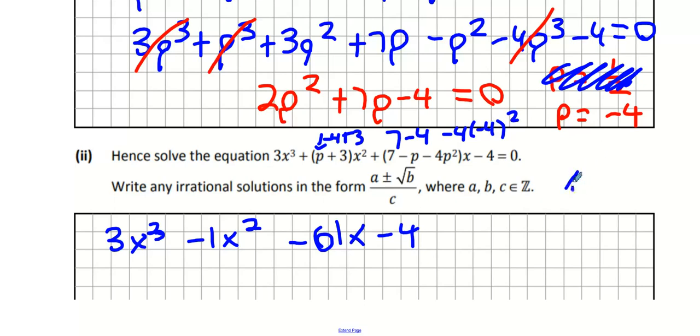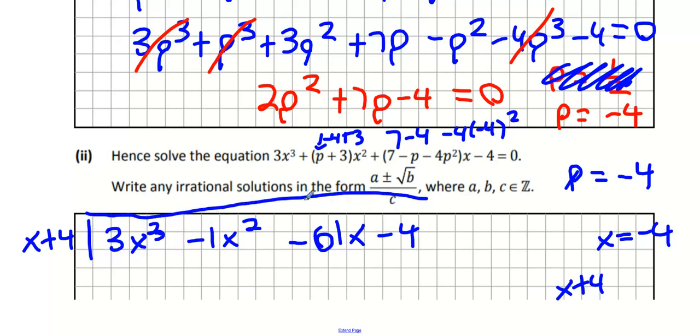We learned that p is a root, didn't we? We learned that minus 4 is actually a root. So if minus 4 is a root, x plus 4 would have to be a factor, wouldn't it? And you could try it that way. Divide it in.